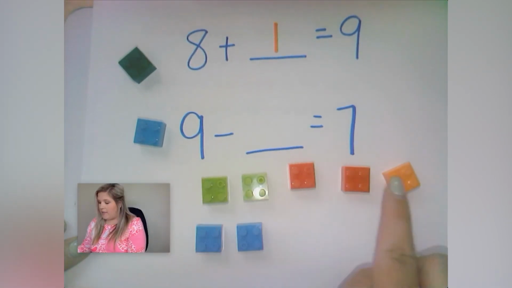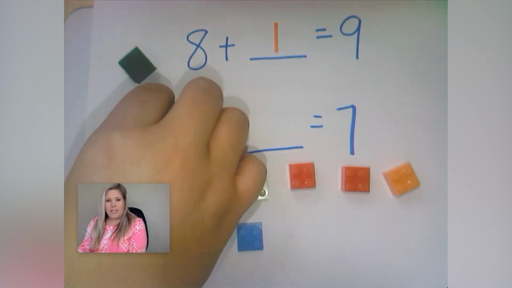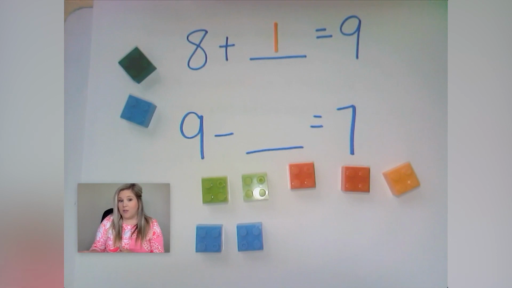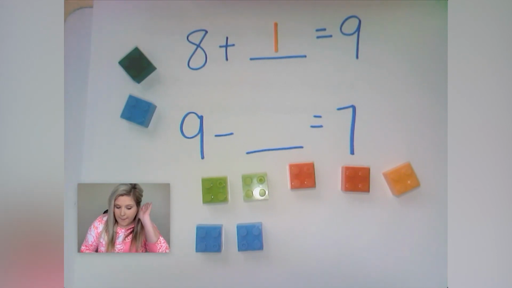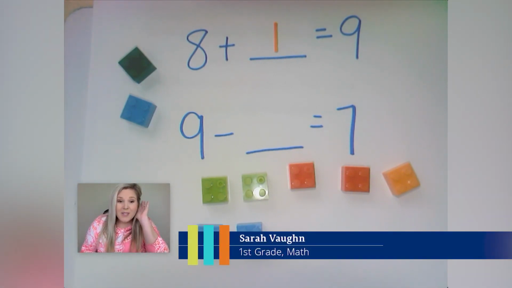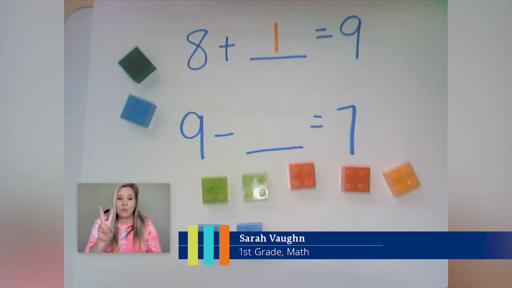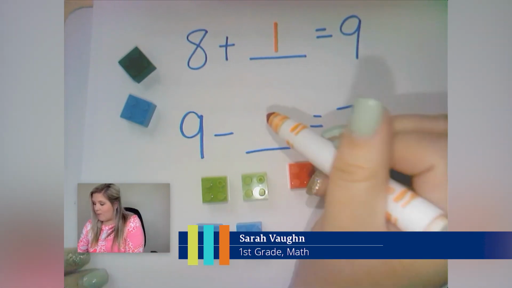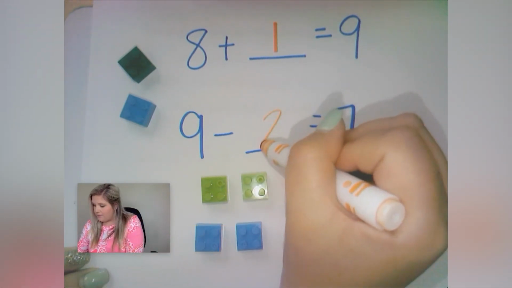And I have 7 left. How many did I have to take away to go from 9 Legos to 7 Legos? That's right. I took away 2 Legos to make 7. So 2 is our missing number.